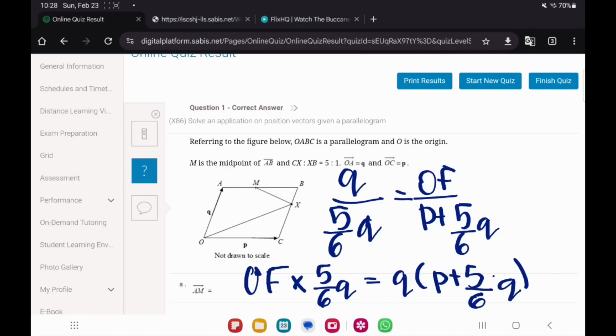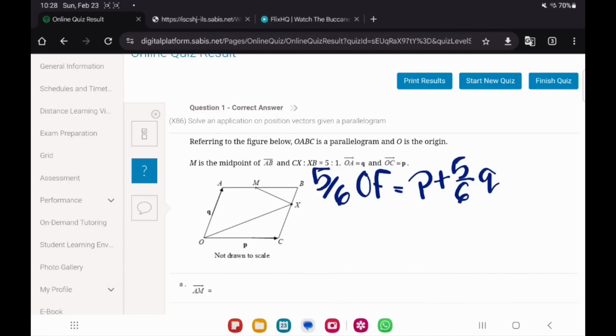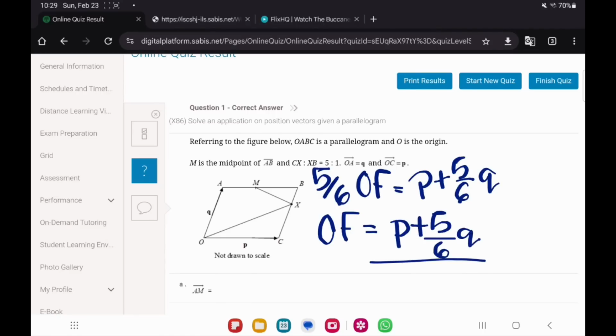Okay, so the Q's on both sides cancel, and then let me also simplify it. Now that we simplified it, we only want OF on one side, so we divide both sides by 5 over 6. So P plus 5 over 6Q over 5 over 6.